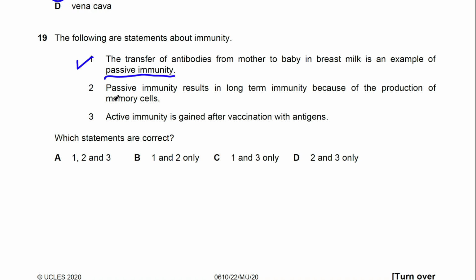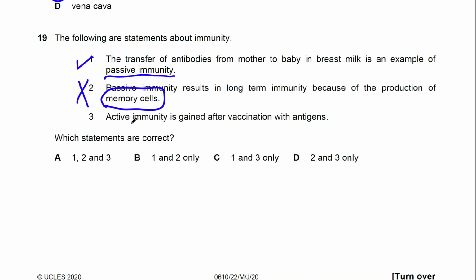B or 2, sorry. Passive immunity results in long-term immunity because of the production of memory cells. Come on, in passive immunity there are no memory cells. I'm sorry, this is wrong. Because memory cells mean my body does active immunity, does something against the germs or vaccines, so my body builds the memory cells. So 2 is wrong.